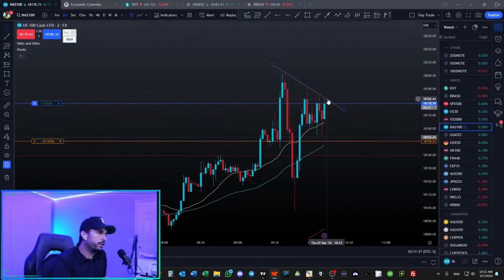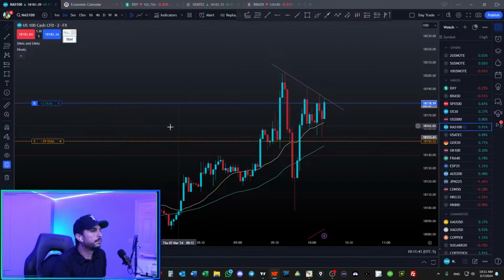A rejection again at the trend line, so we wanted to rip that. There we go, stronger. Kill these stops, kill that, kill that. Let's just rip stronger.